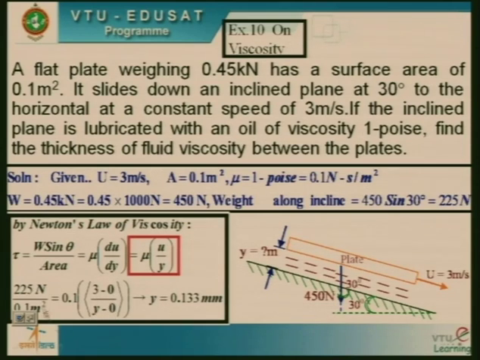So if you solve this for y, you get in meters, then you multiply by 1000, you get 0.133 mm. Is it okay? It is also a very beautiful question of university standard, in which we are finding the gap of the oil or the liquid based on the weight, based on the angle of inclination, and based on the velocity. Is it okay? Right.